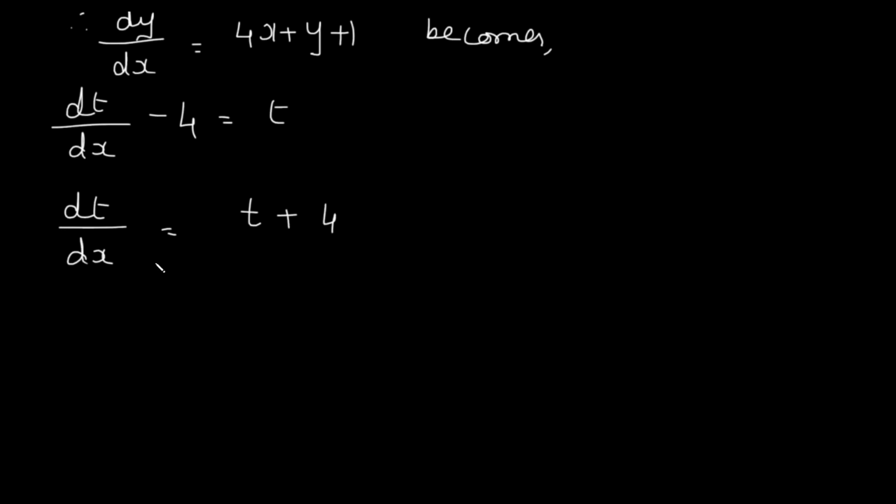Now you see that you can separate out the t containing terms and the x containing terms. Of course, the x containing term is 1 over here. So in short, you can write it this way: dt upon t plus 4 is equal to dx. You bring t plus 4 on the LHS and dx on the RHS.